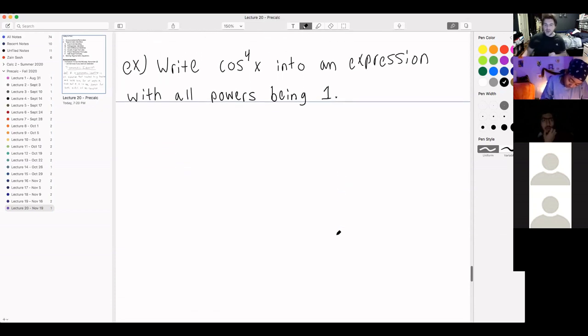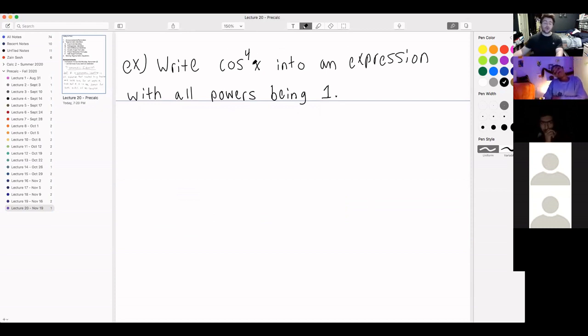So I'm giving you cosine to the fourth power, and I would like to write an equivalent expression, but every exponent or power is 1.